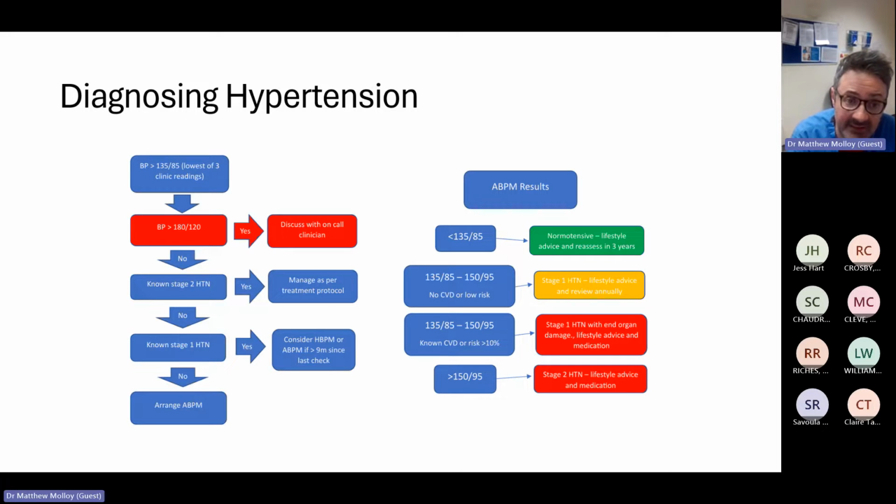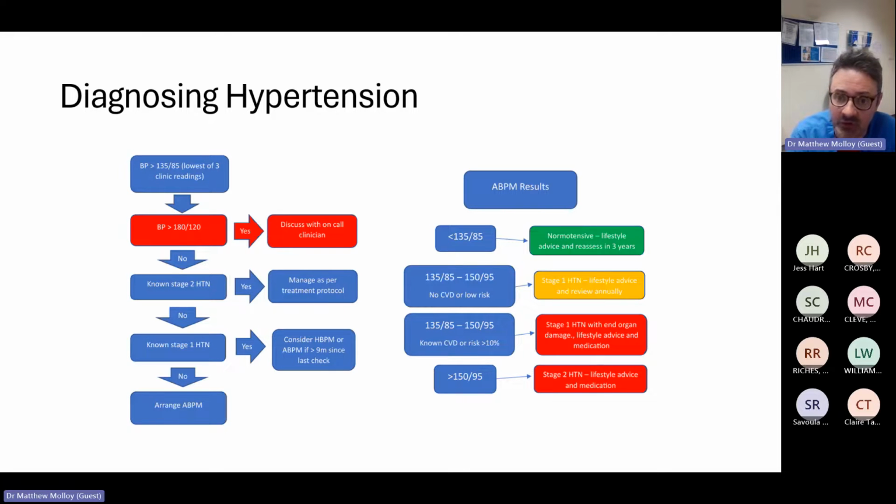If the blood pressure is less than this, they don't have known stage 1 or stage 2 hypertension, we'll arrange a 24-hour blood pressure monitor ideally. If they have known stage 2 hypertension and their blood pressure is raised, we will manage them as per the protocol, which is on the next slide. And if they have been diagnosed with stage 1 hypertension and their blood pressure is elevated compared to the previous reading, we'd consider asking the patient to drop in a home blood pressure monitor or an ABPM if it's 9 months since the last check.